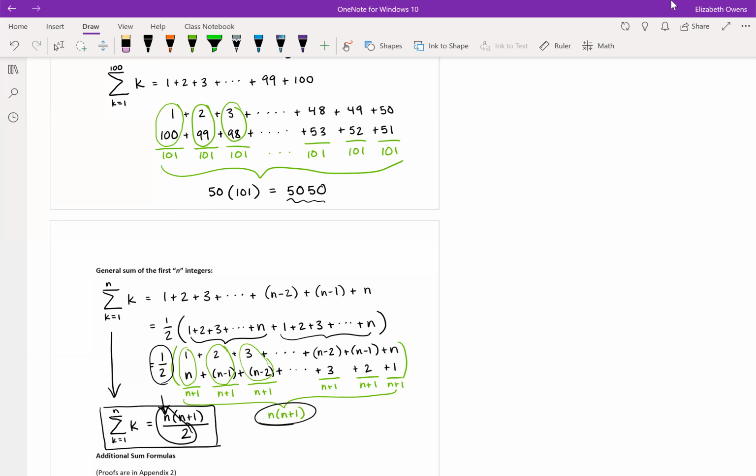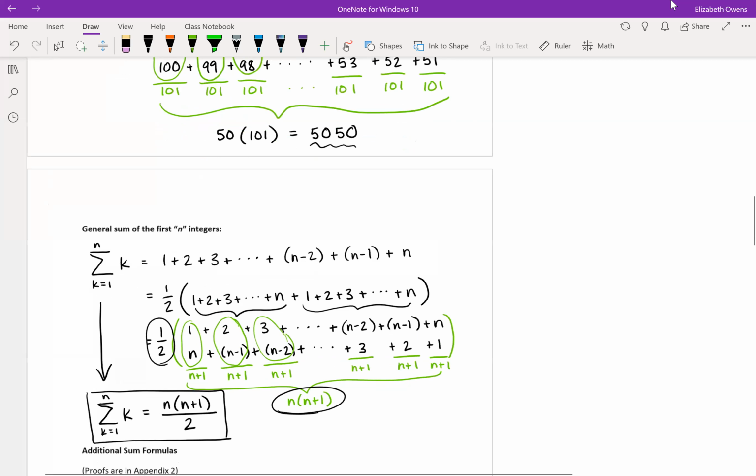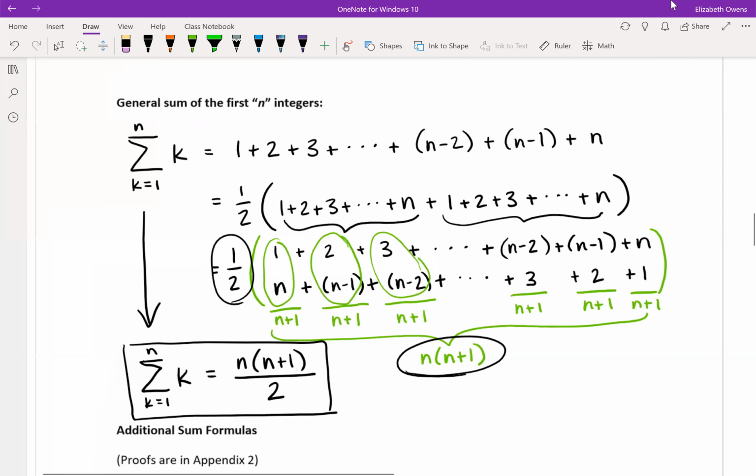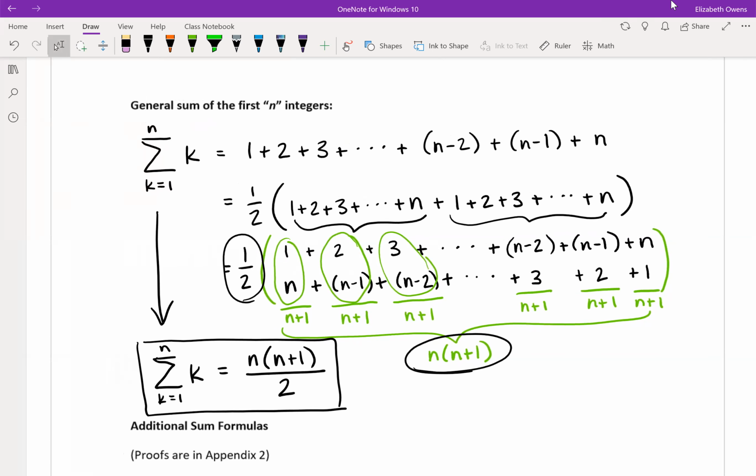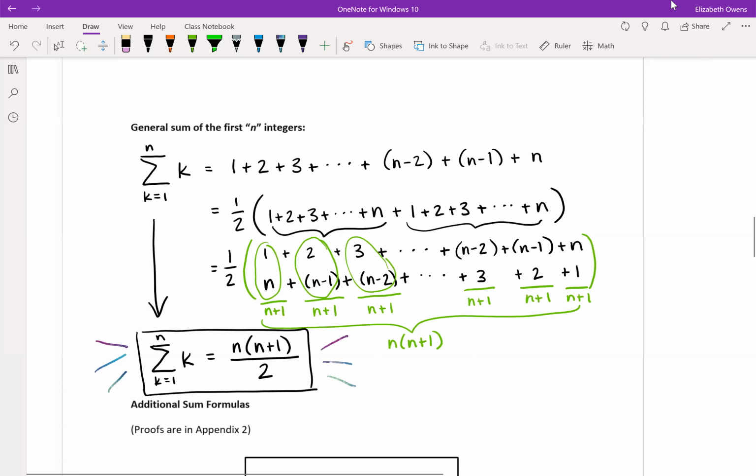So his formula from grade school still works out with this general sum as well. So this is the sum of the first n integers. This is a good one to know. And frequently in future videos, I will probably refer to this as the little Gauss formula, just because I love that story so much. But that's our general sum.